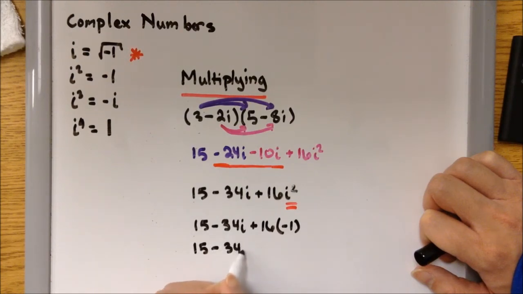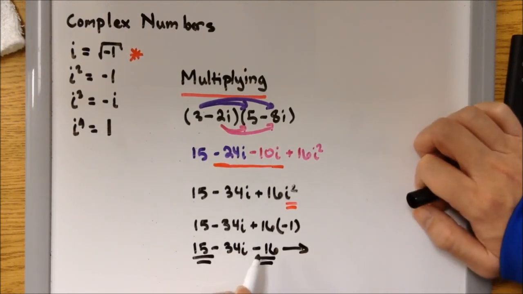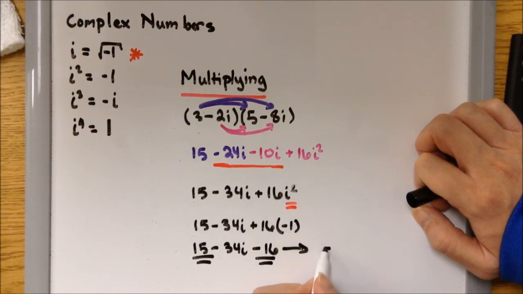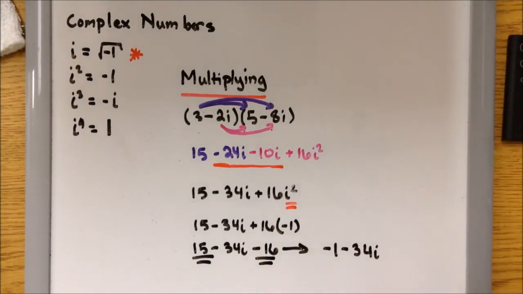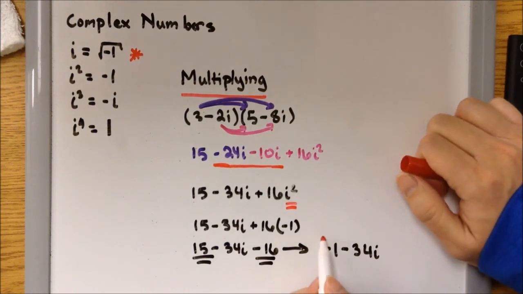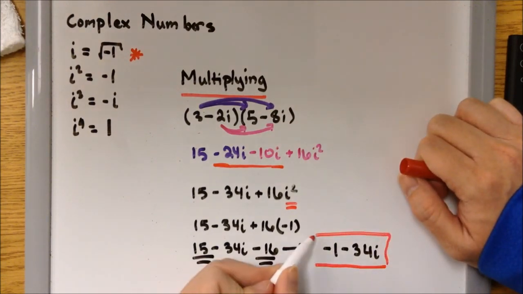Negative 34i stays the same. But 16 times negative 1 would become negative 16. And then I'm combining like terms because 15 and negative 16 are real numbers. So 15 minus 16 will be negative 1. And then bring down negative 34i. So our final answer is negative 1 minus 34i.